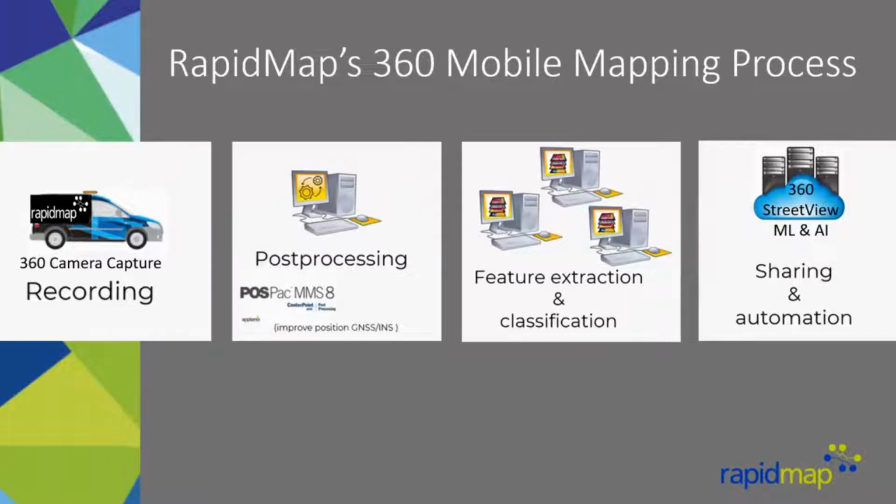Now, the second step is to post-process all that data to make it useful and usable. The interesting thing is that while it might look like video, it's actually a series of still triggered images.